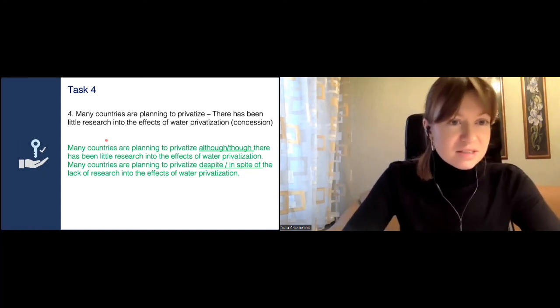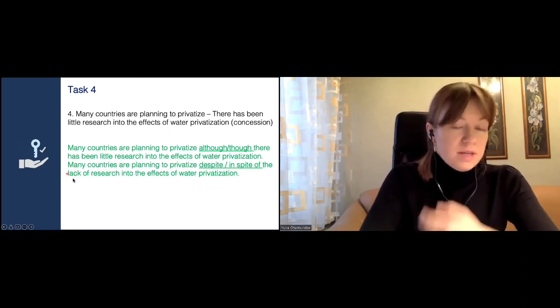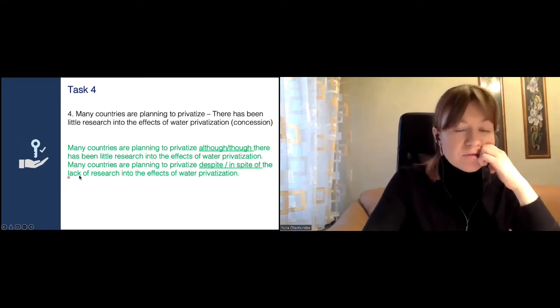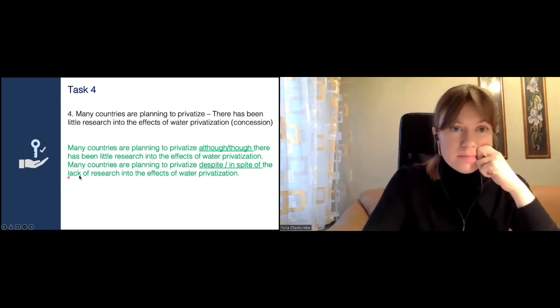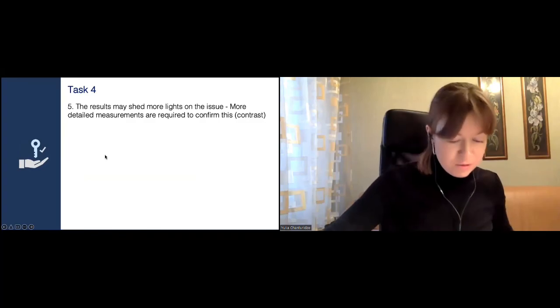So these two ideas are contrasted. And here I had to change the noun, because despite and in spite of require a noun after them. Let me check. Yes, the fifth slide works properly.